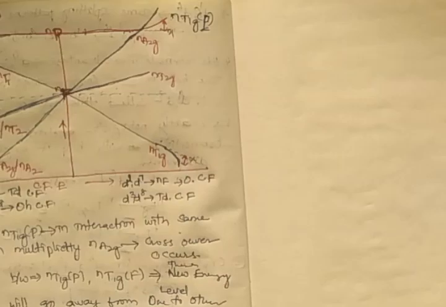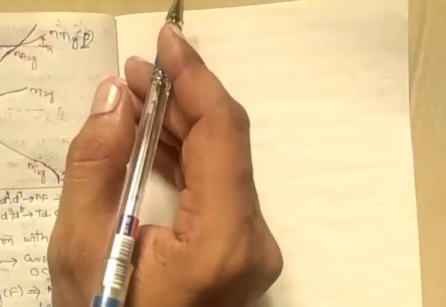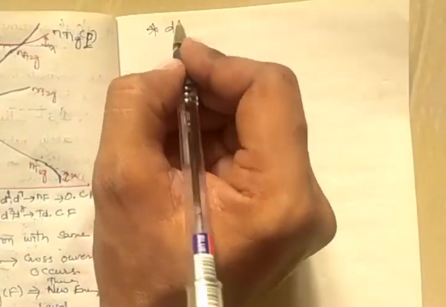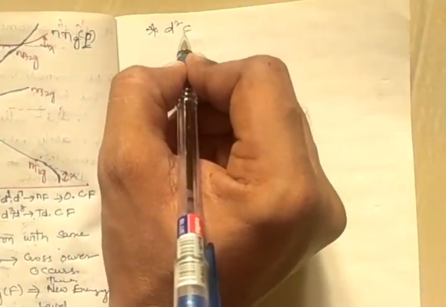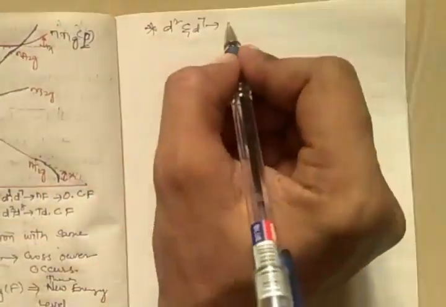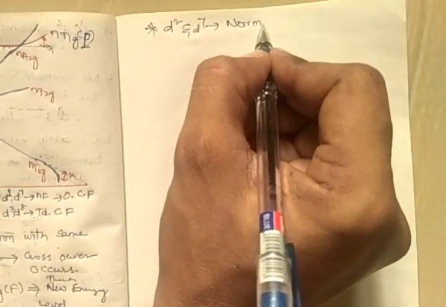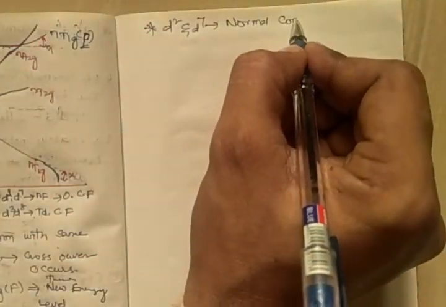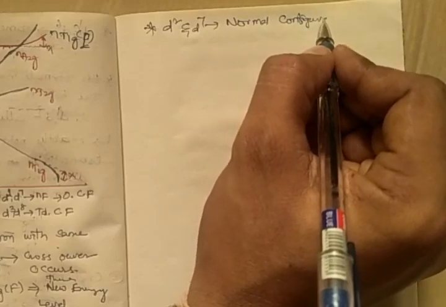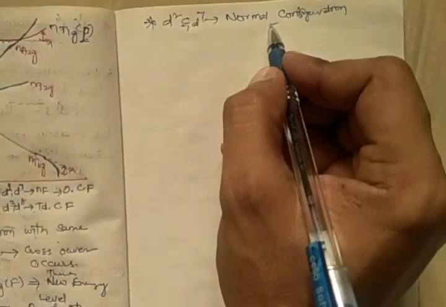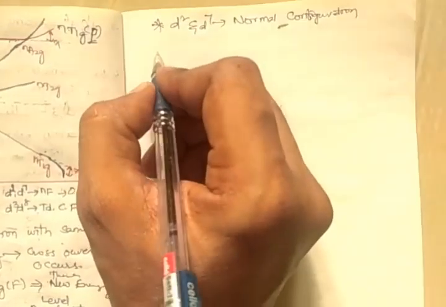Here we can clearly observe, and we can say that the D2 and D7 configurations are normal configurations, as they have similar splitting patterns. The D2, D7 configurations will be called normal configurations.